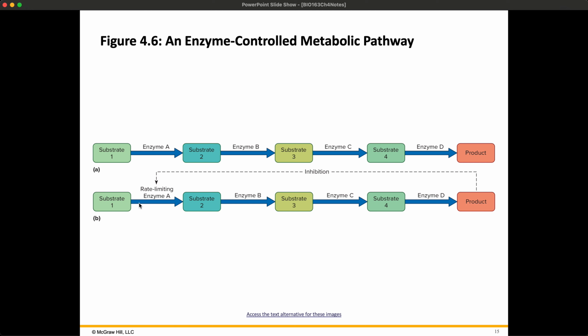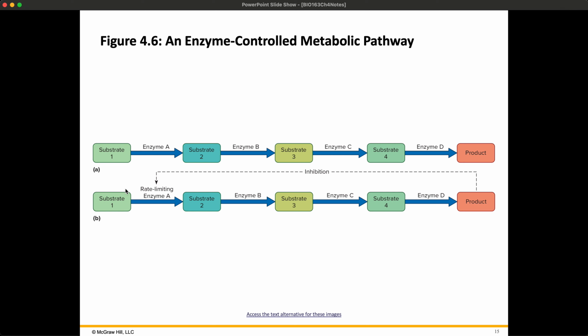And then once you don't have this reaction proceeding, where you're forming substrate 2, nothing else will proceed. After a little bit of time, because you're inhibiting this pathway and not allowing it to continue, you'll have less product to bind to your enzyme A's. And so then more and more enzyme A's will be able to proceed with this reaction.